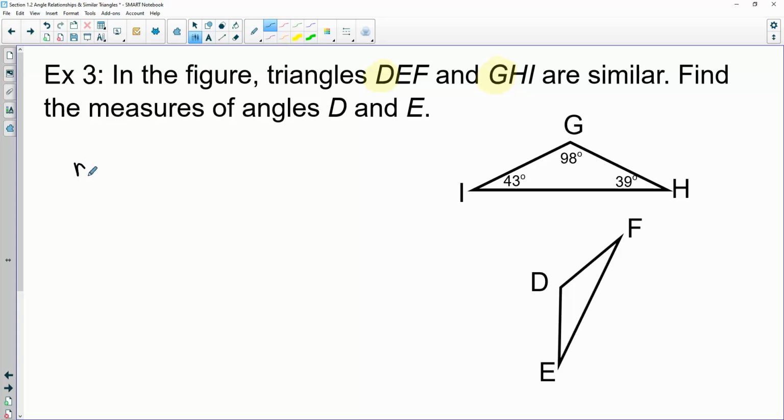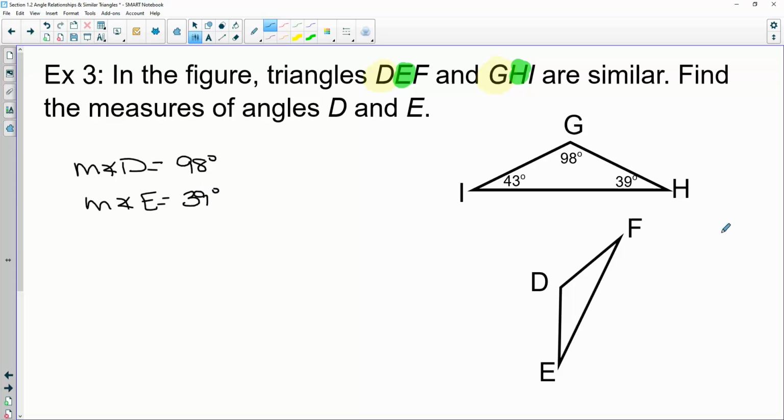So the measure of angle D would have to be the same as the measure of angle G, which is 98 degrees. E was the next letter, so it has to be the same as H. So the measure of angle E is the same as the measure of H, which was 39 degrees.